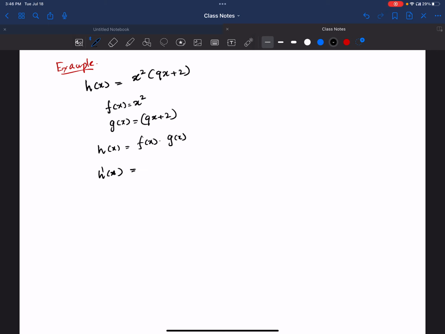which is equal to d over dx of fg. So you can write f times dg over dx plus g times df over dx.